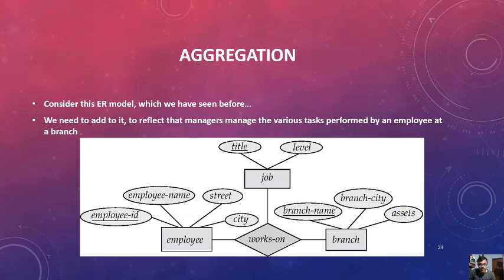Every manager manages relationship corresponds to a works on relationship. So manager manages the works on. There should be a manager relationship and the manager attribute. So this manager attribute should be related to the employee, the branch, and the job.